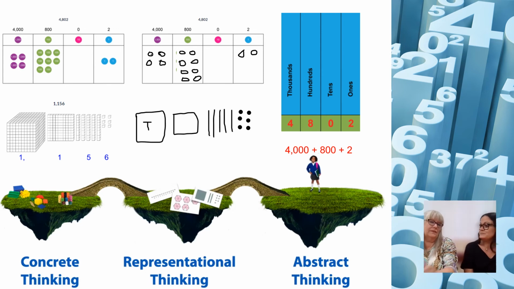But I do like that I'm seeing the place value chart in the concrete and representational also, so we can make those connections back and forth across the islands. It's also in the abstract. Yes, it is. So it's important to point out with this, Barbara, though, that I don't want everyone to think that we have to start at concrete and race to abstract. These islands are definitely fluid. I can bounce from one island to another based upon my understanding with place value and even using a specific manipulative. Right.